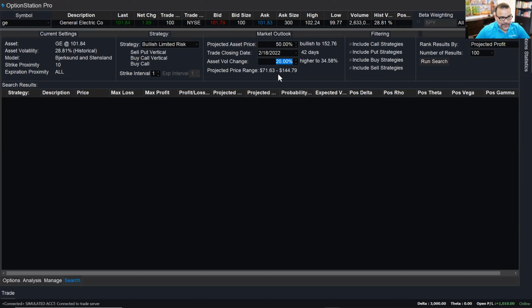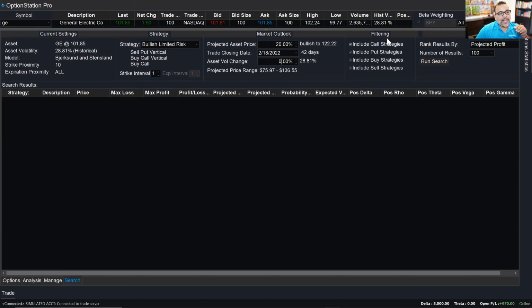Here, the volatility would have to increase by 40% for us to be within the range of prices that General Electric could move to and at least have some realistic target expectations. So notice that as we change the values here, everything else is changing, and we just have to account for that. So I did say that it was only going to be 20%, and volatility is going to be the same. So that tells us that we're still within the range of price movement.